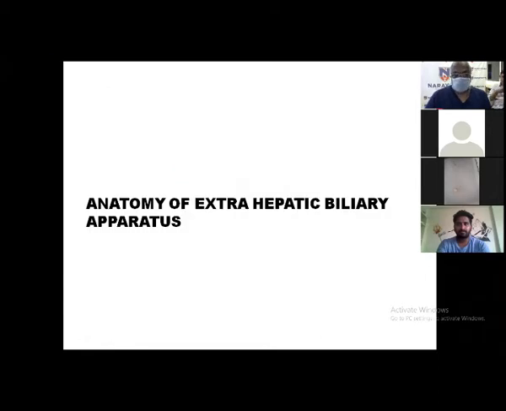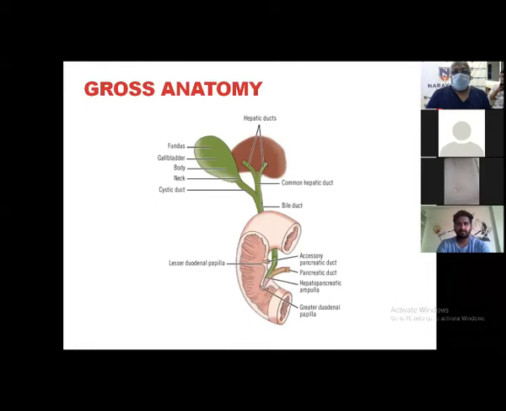Before going to Mirizzi, we will have a rough idea about the anatomy of the extrahepatic biliary tree. The two hepatic ducts, right and left, join at the confluence and become the common hepatic duct, which is joined by the gallbladder cystic duct. The cystic duct common hepatic junction is this. Beyond that is called the common bile duct. The common bile duct has a supraduodenal portion, a retroduodenal portion, and an intrapancreatic portion, again into the lumen.